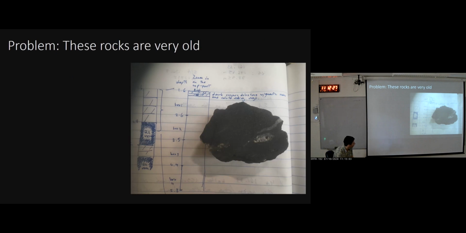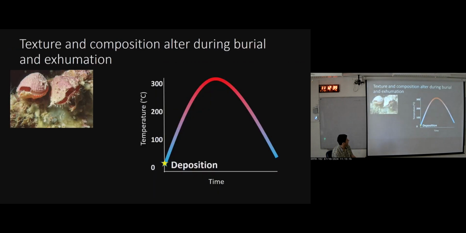So this is how rocks usually look when they are 1 billion years old. They are messed up, right? There are veins and they are altered, right? And a good way to think about it is, what we're after here is a signal that comes from the surface, right?